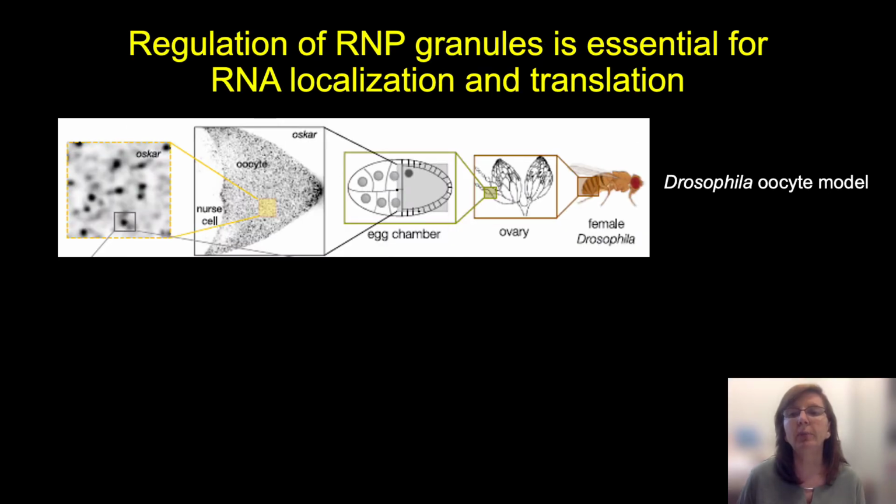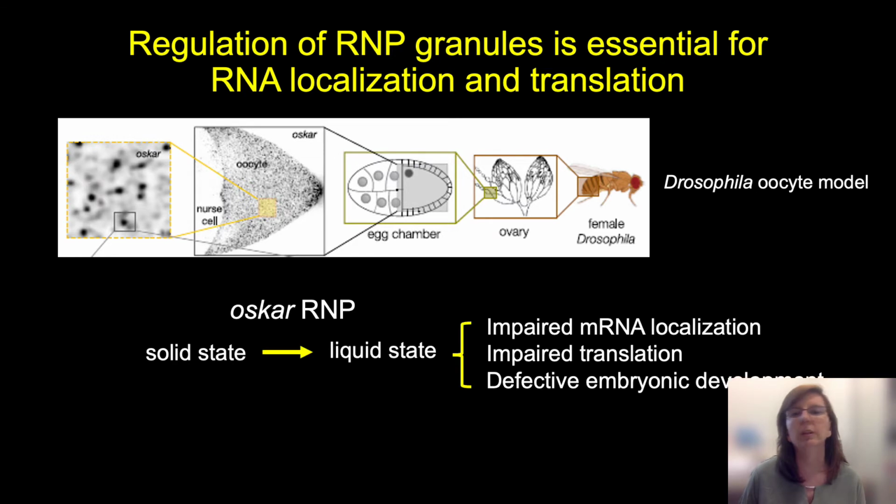Given the RNA binding protein and mRNA components of RNP granules, an obvious hypothesis for their function has been in regulating RNA metabolism. A beautiful paper recently published from the Ephrussi lab used the Drosophila oocyte model system to show that a solid state of OSKAR RNPs is required for the proper localization and translation of the OSKAR mRNA.